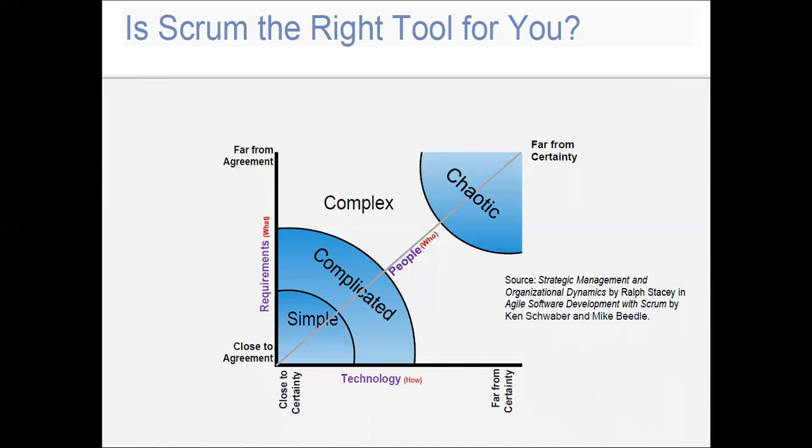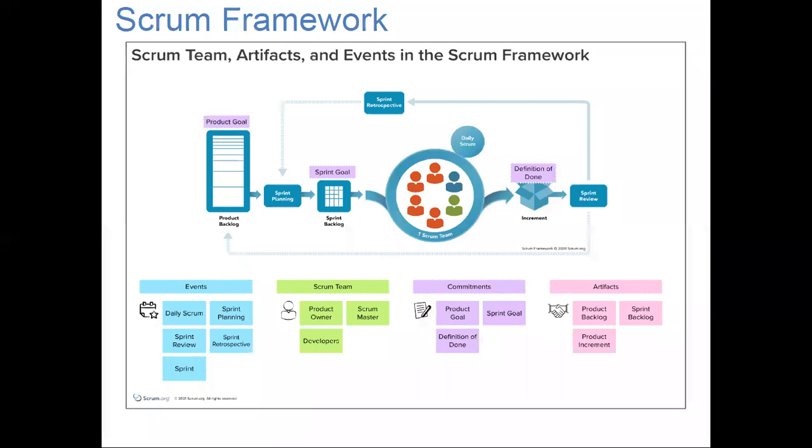And the next is chaotic. If our product is chaotic, almost everything is unknown. We don't know anything. Then we can go with the lean startup, and we can have some quick action. Then we think and react. Okay, so let's move ahead.